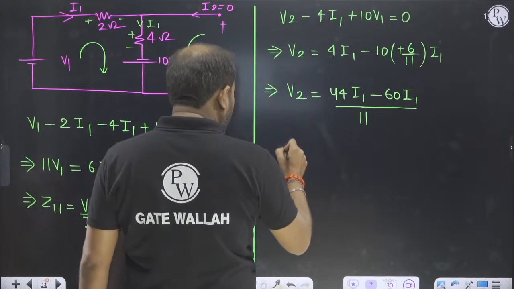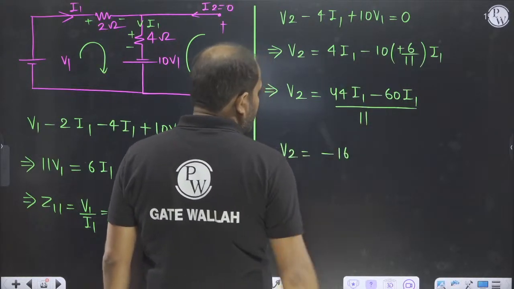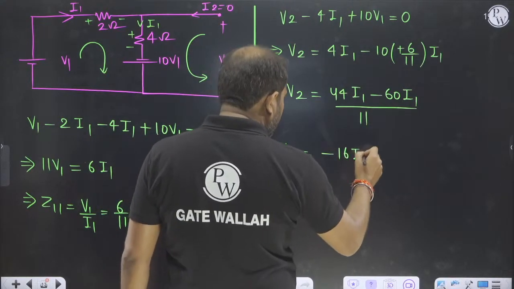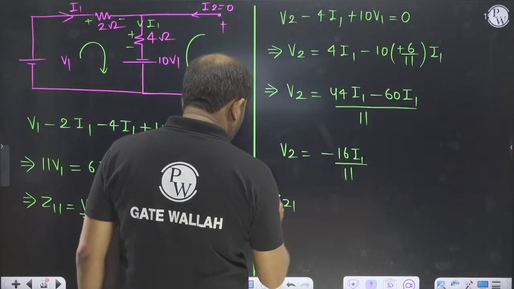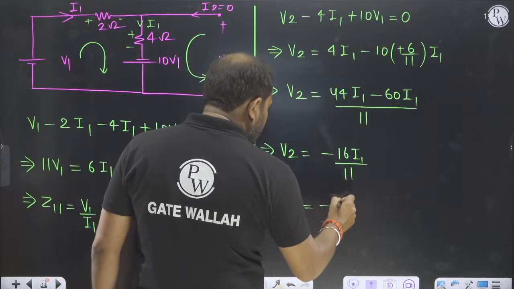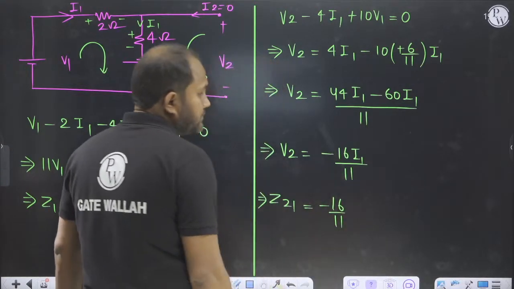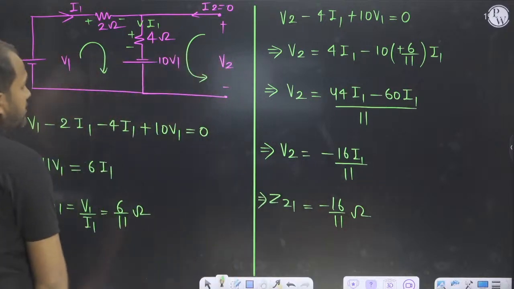So V2 is equal to minus 16 I1 divided by 11. So Z21 will be equal to minus 16 by 11 ohm. This one is also in ohm.